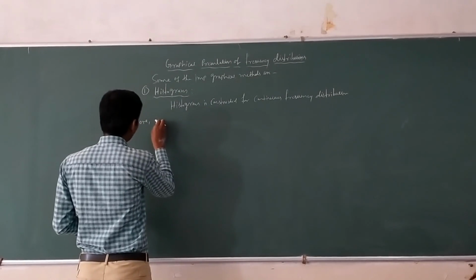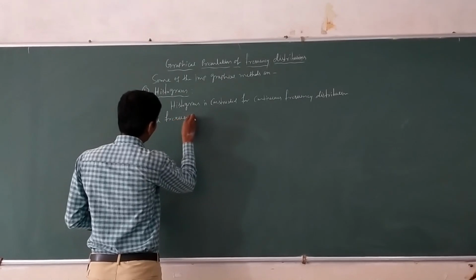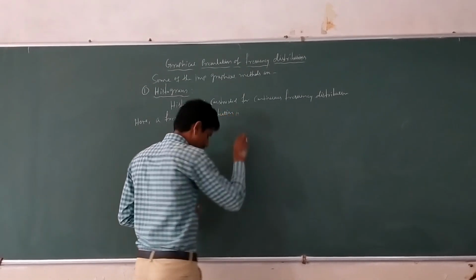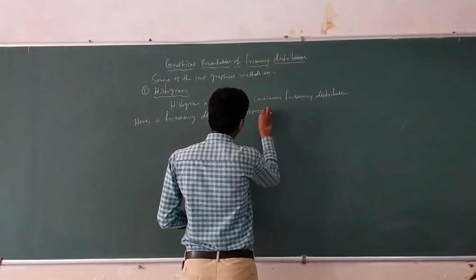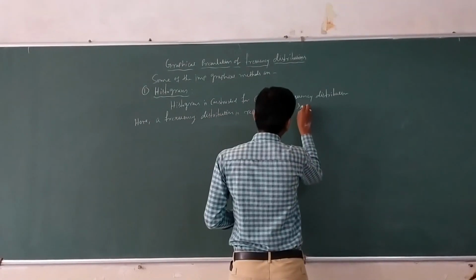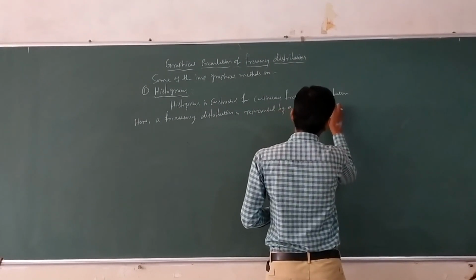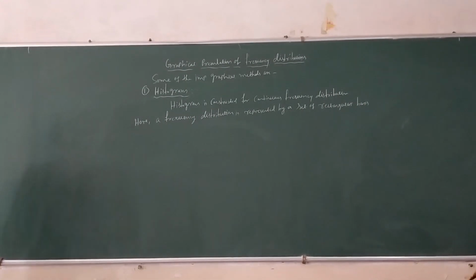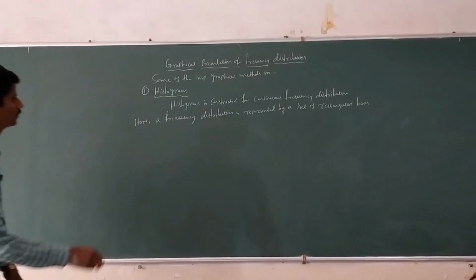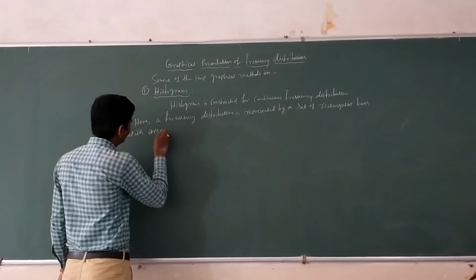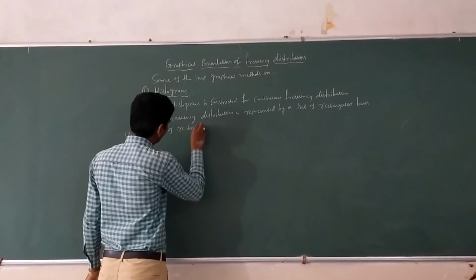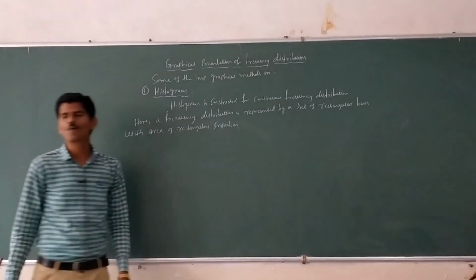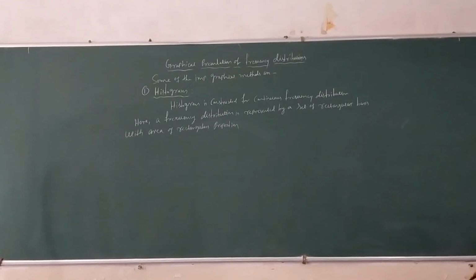Here, the frequency distribution is represented by a set of rectangular bars, with the area of the rectangles proportional to the class frequency.